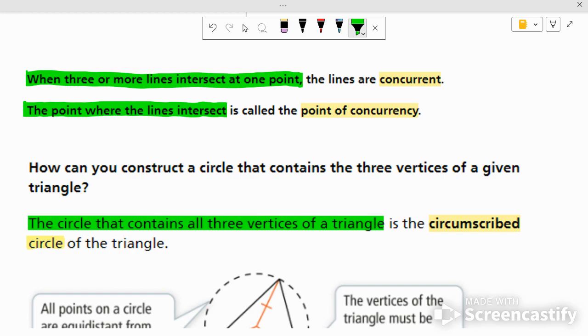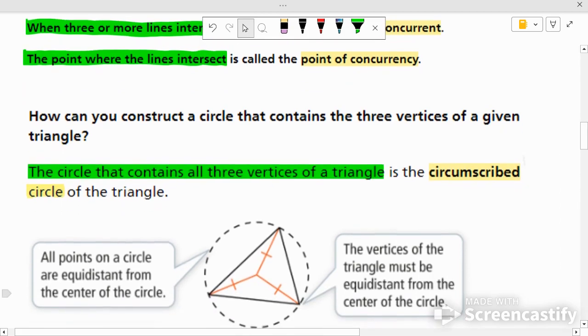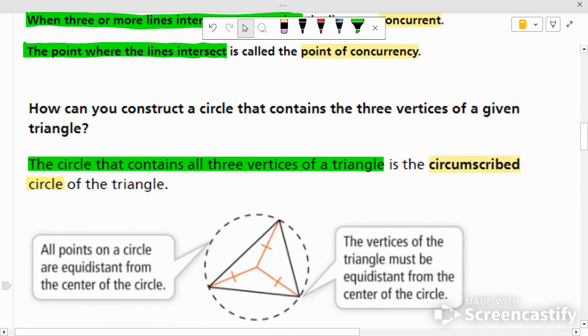So the circle that contains all three vertices of a triangle is called a circumscribed circle. And there's a picture of a circumscribed circle.